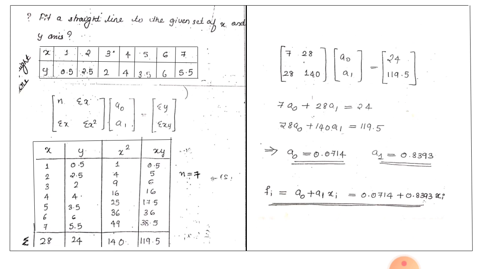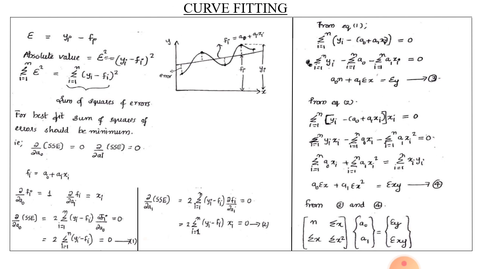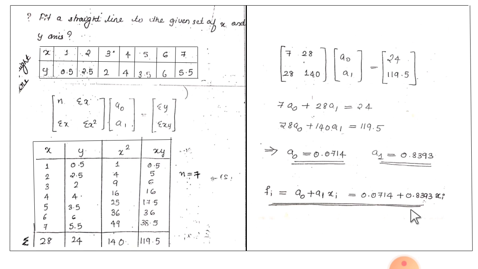So the question is, fit a straight line to the given set of x and y values. If in the question you are asked to fit a straight line, then you have to use this equation. Here x and y values have been given in the question.